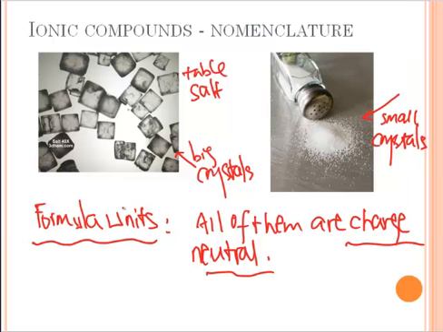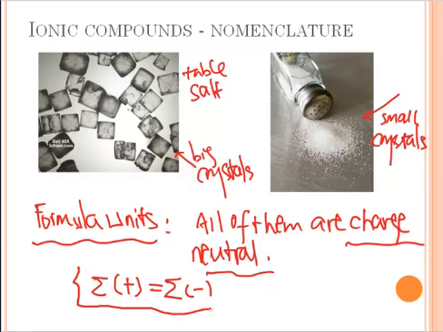So all of them are charge neutral. So whatever the sum of the charges for the pluses is has to equal the sum of the charges for the minuses. Very, very important relationship.